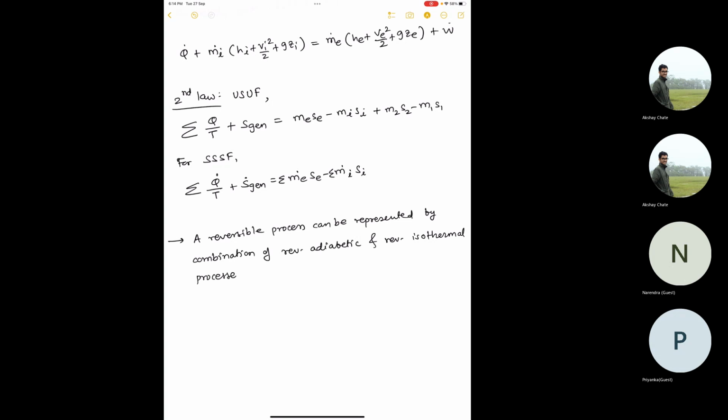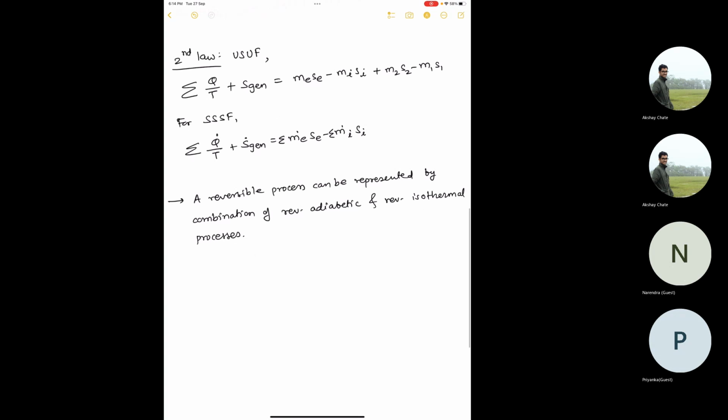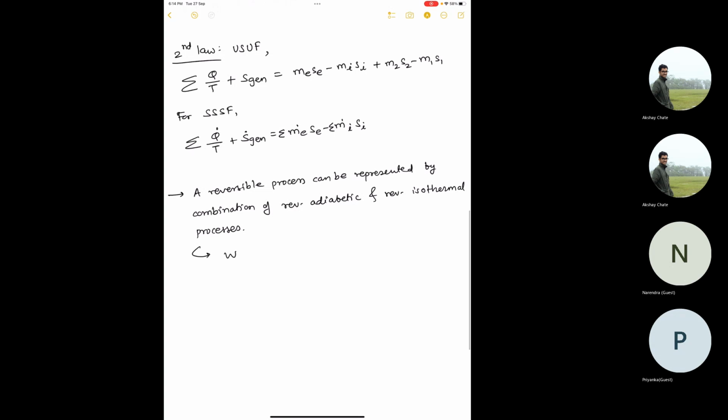Based on that only, the professor derived this work done for a control volume as minus v dp.